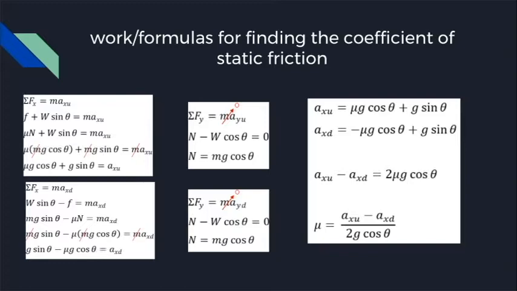Each of the terms has an m again, so we can cancel those m's to get our final equation as g sine of theta minus mu g cosine theta equals ax down. We can use each of our final terms for the acceleration down and the acceleration up, and we can add those together to get mu. I will talk about this in the next slide.